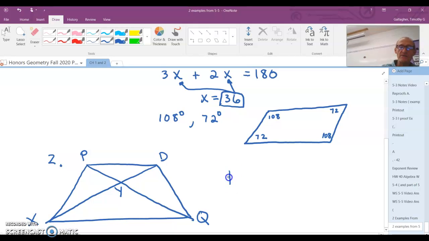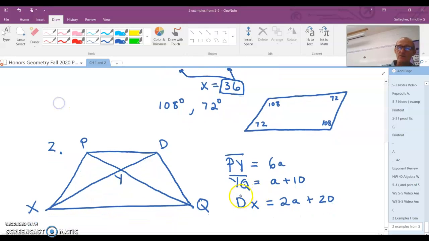And PY is equal to 6a, YQ is equal to a plus 10, and DX is equal to 2a plus 20.